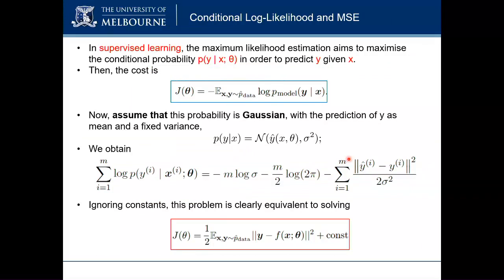And the last one is conditional likelihood, and actually I can even tie it to the mean square error. There's one more connection. Remember, in supervised learning, maximum likelihood estimation aims to maximize the conditional probability, p of y given x and theta, in order to predict y given x, right?